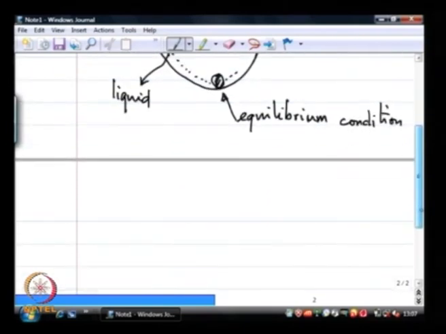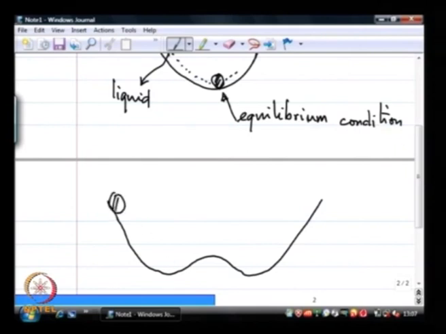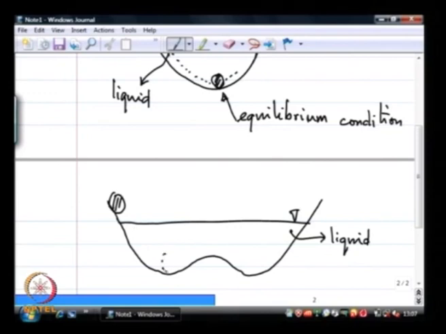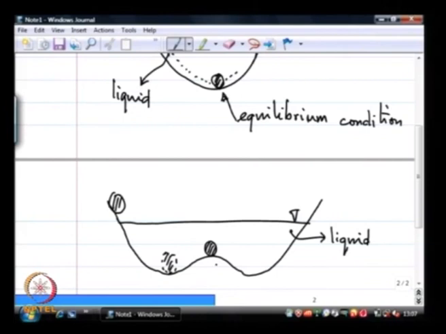Now, if I take another trough and if I drop this ball here and let us say this is all liquid, it is possible that it could come to rest here, or if I am very lucky, it could come to rest here, where it overshoots, and then you can clearly see that it has to happen by chance, or let us just say I gently placed it over there, that is quite possible.